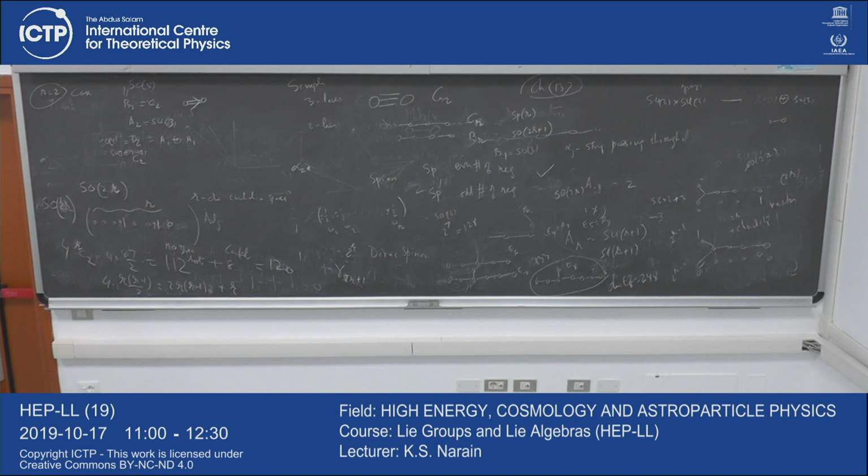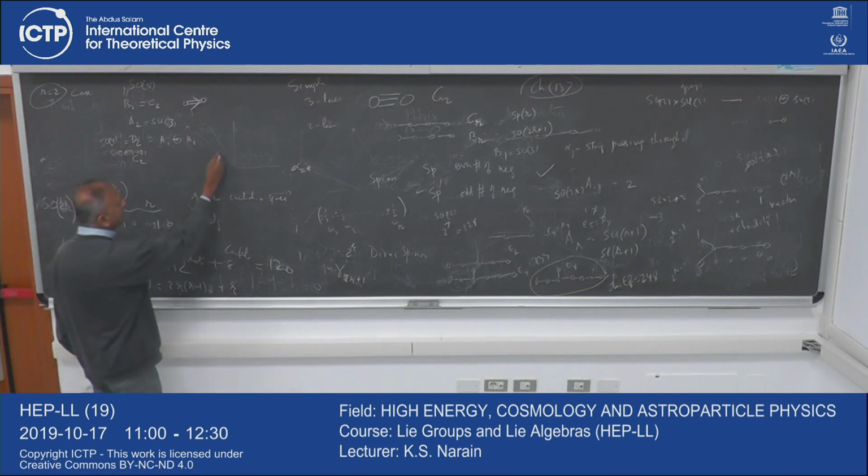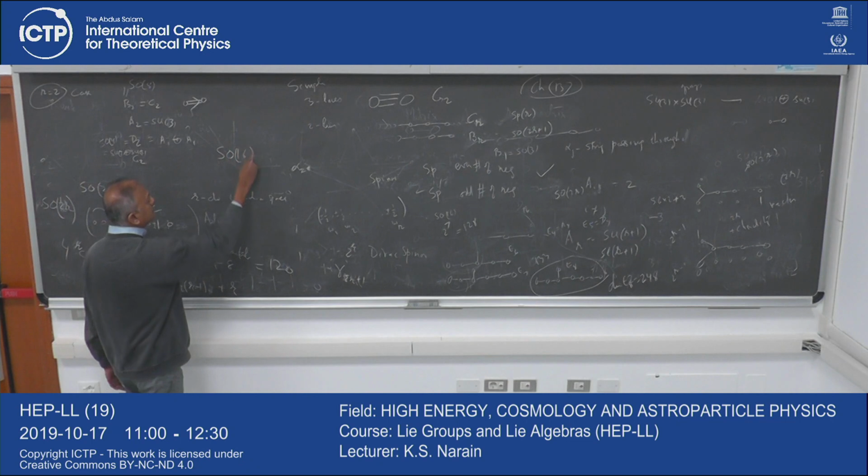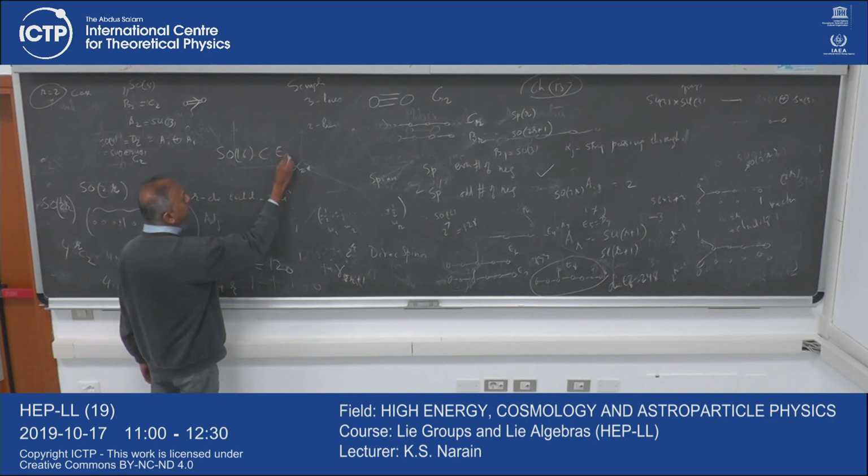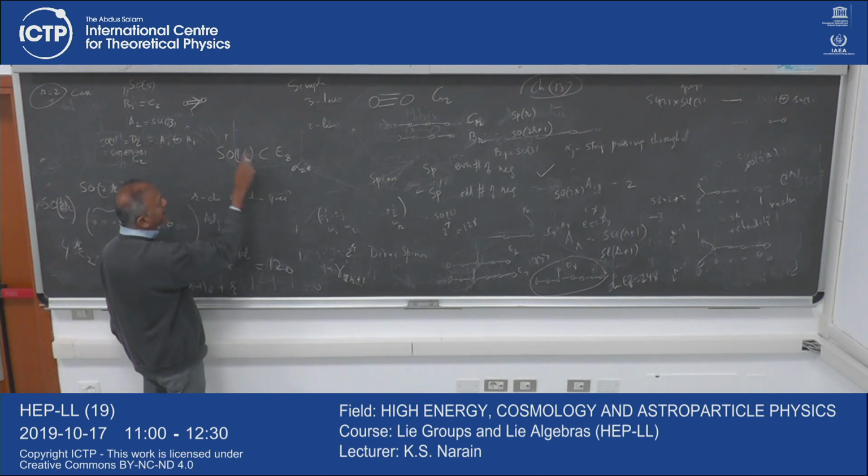Each of these algebras has lots of different subalgebras. Not ideals, since a simple algebra has no ideals. The maximal subalgebra is one which has the same rank as the original algebra. It turns out that SO16 is contained in E8, and is maximal because both are rank 8.